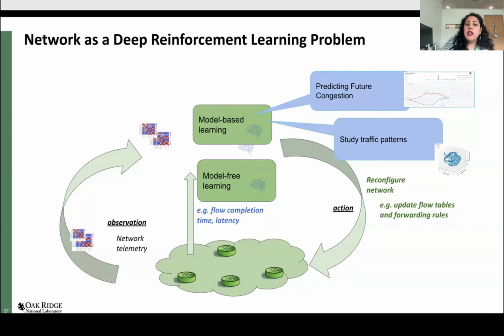So one very good example of thinking about this is that if I have to go to the airport, if I open up a Google map and I plan my route, that is a model-based approach because I have a model and I'm planning my route based on that. A model-free approach is I've been living in the city for 5 years. I know that if I go at 5 p.m., there's going to be traffic on this particular route.